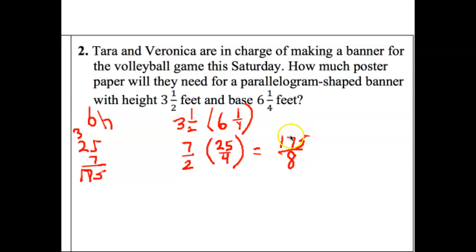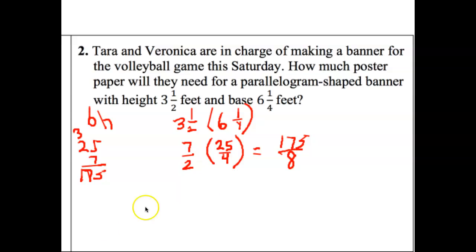We're not done, though, because we can't leave this as an improper fraction. We have to change it back into a mixed number. So we are going to divide 175 by the denominator, which is 8. And if this does not divide evenly, please make sure that you show the remainder as a fraction, not a decimal, and not as remainder blah, blah, blah.